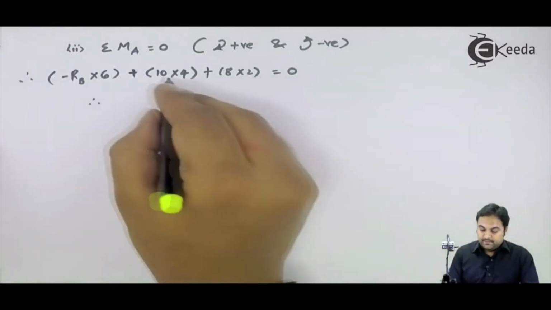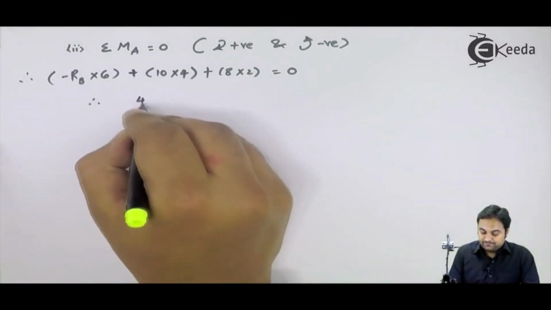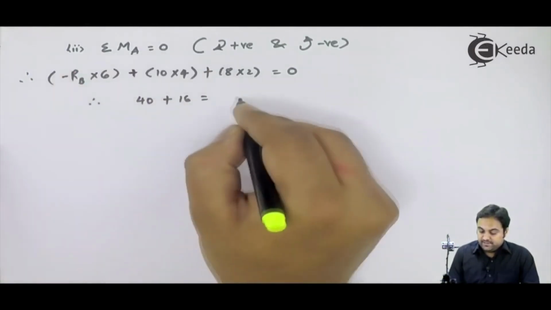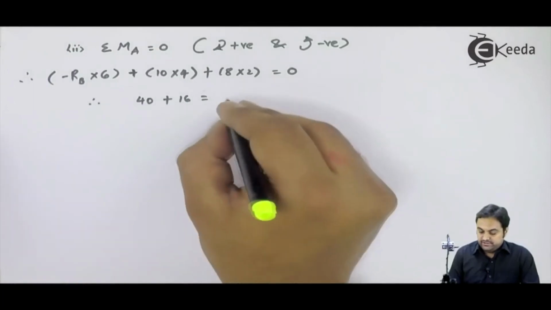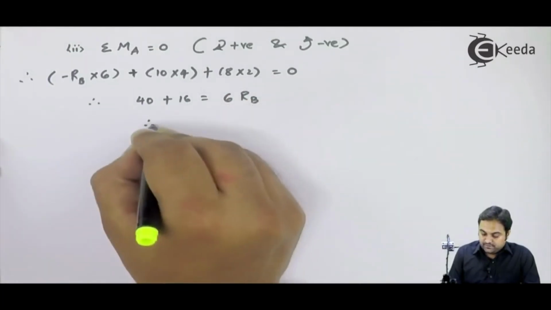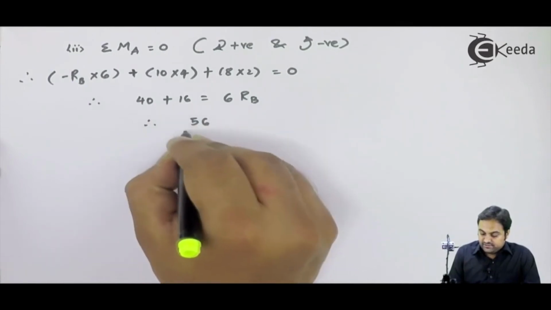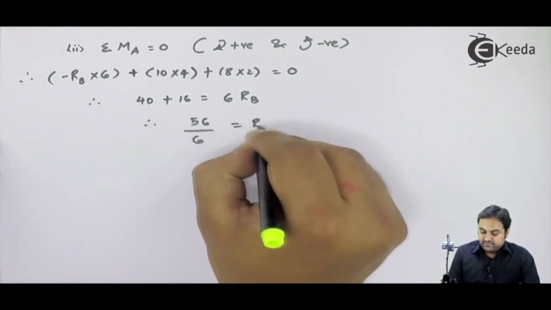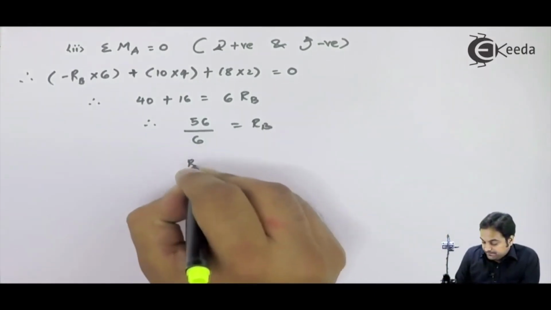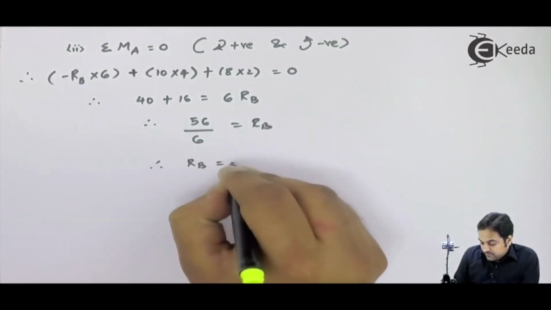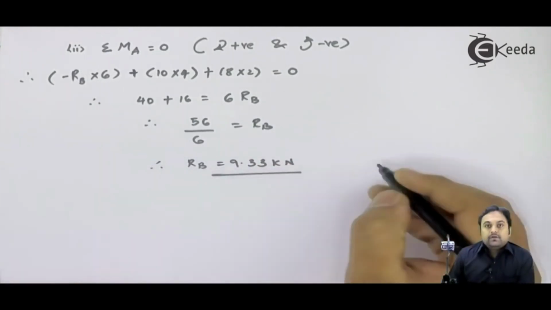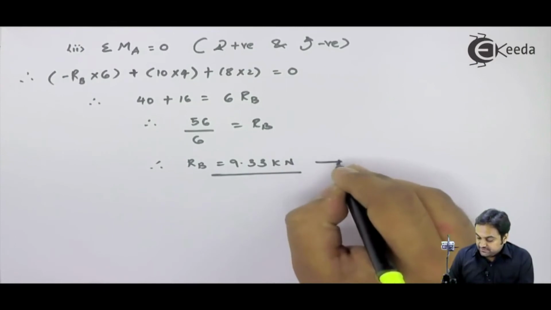Hence, this becomes 40 plus 16. I will shift minus RB into 6 onto the other side. So that becomes 6 RB. Therefore, 56 divided by 6 will give me RB, and my RB answer comes out to be 9.33 kilonewton. This is my first answer.